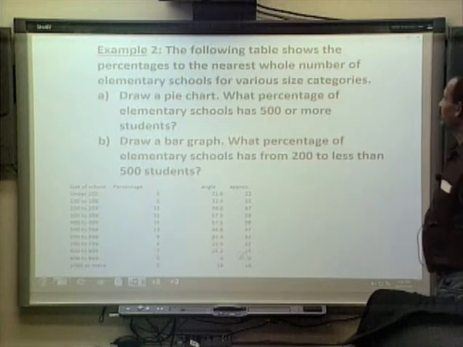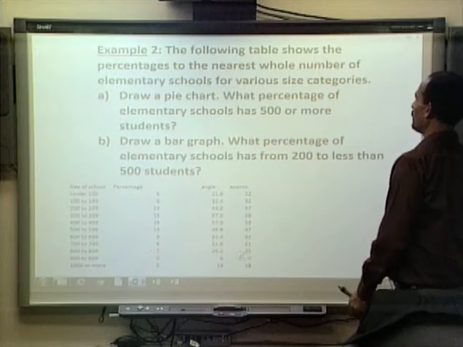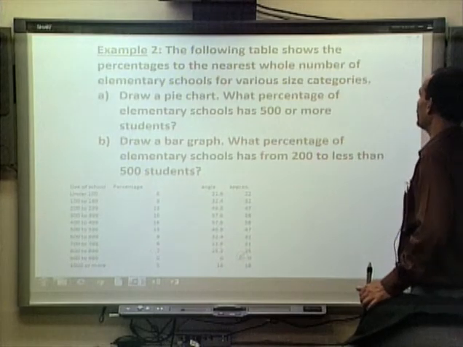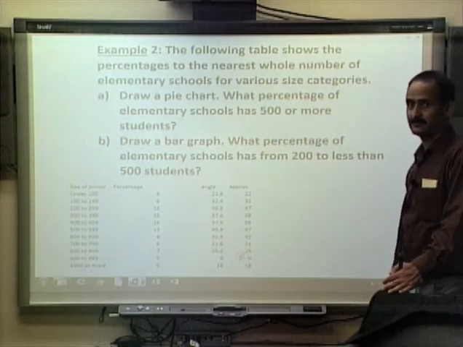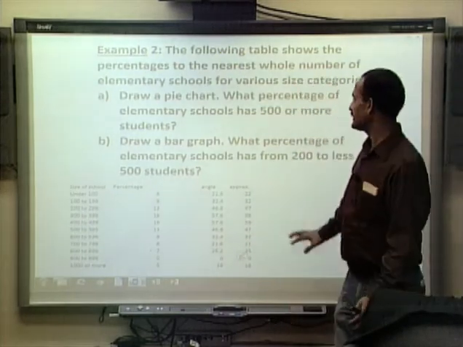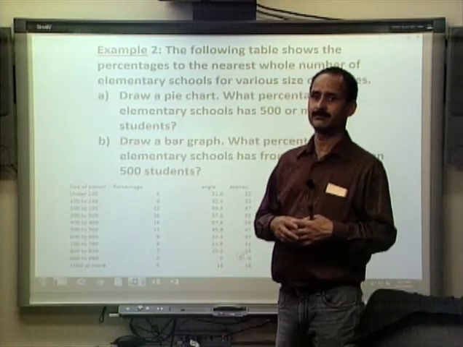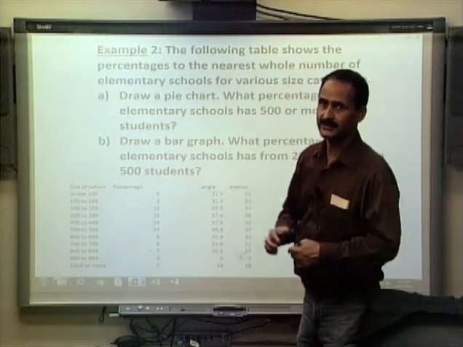Okay, the following table shows the percentages, to the nearest whole numbers, of elementary schools for various size categories. So, there are elementary schools of various sizes, and here is a table representing how many schools belong to which size.